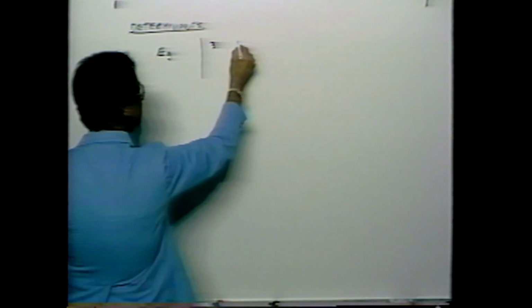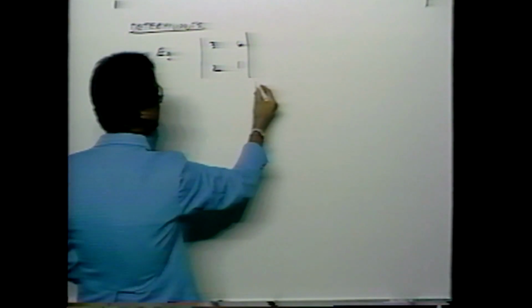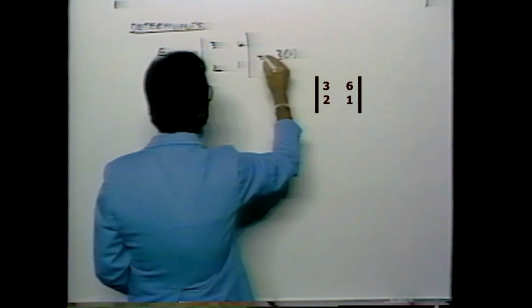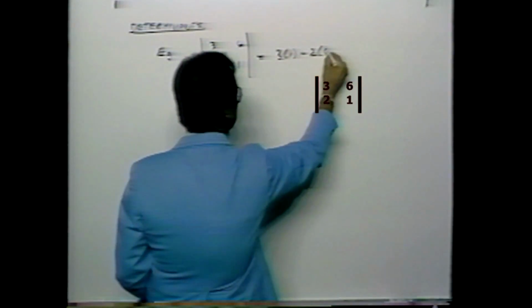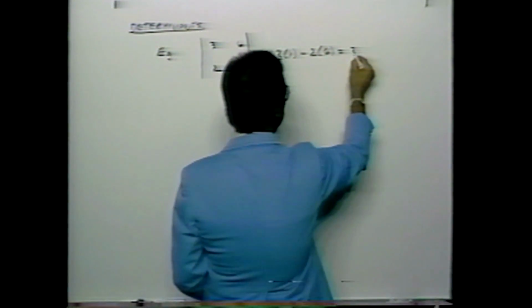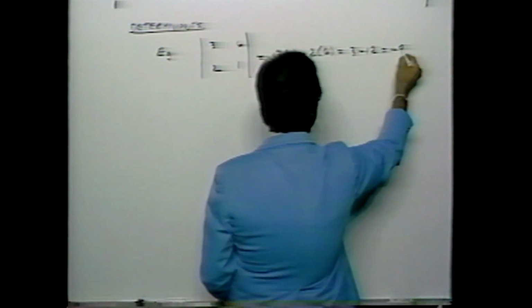Three, 6, 2, 1. This is equal to 3 times 1, subtract 2 times 6. This is equal to 3 minus 12, and the answer is minus 9.